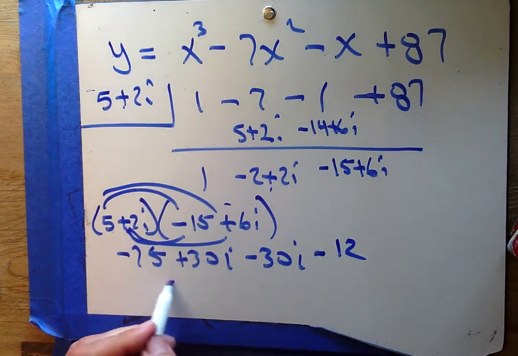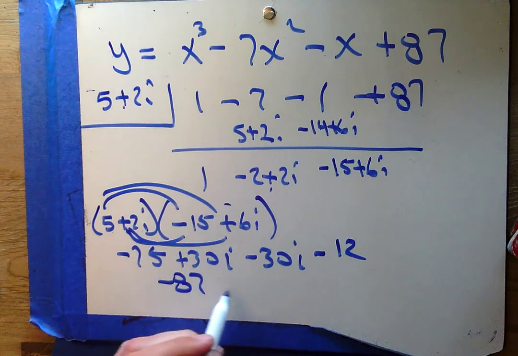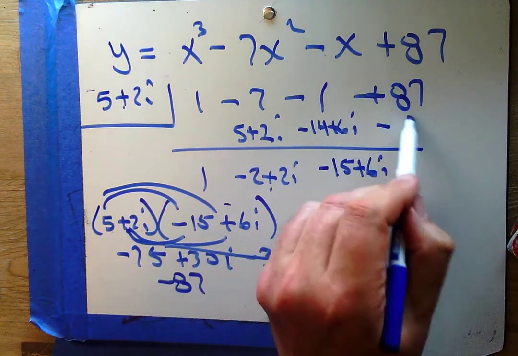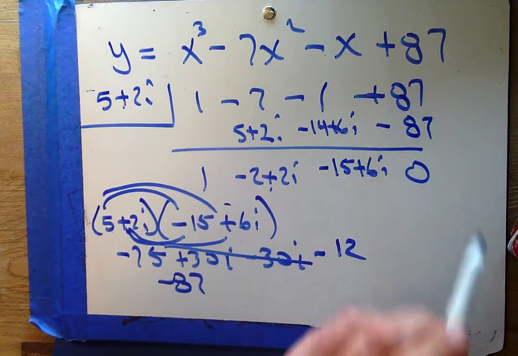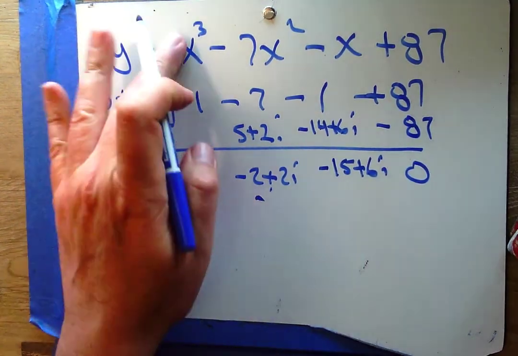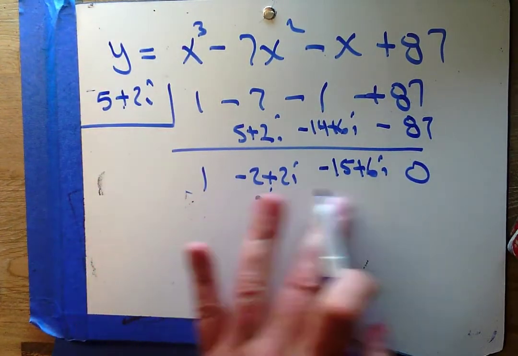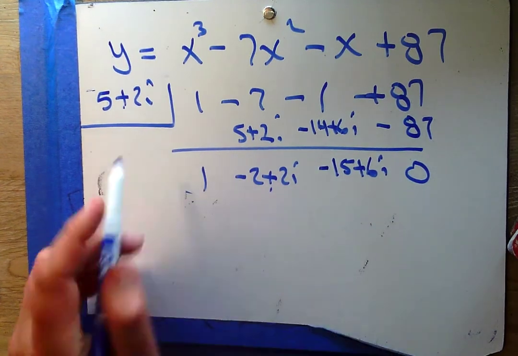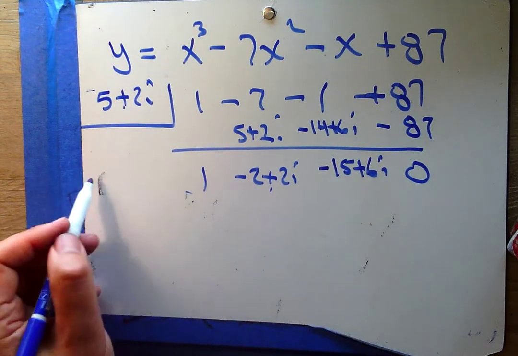If I combine like terms, lo and behold, I get negative 87. These middle terms cancel. Ta-da! Okay, so I went from a third degree polynomial to a second degree polynomial. I don't want to try and factor this, but I do know that these travel in conjugate pairs.